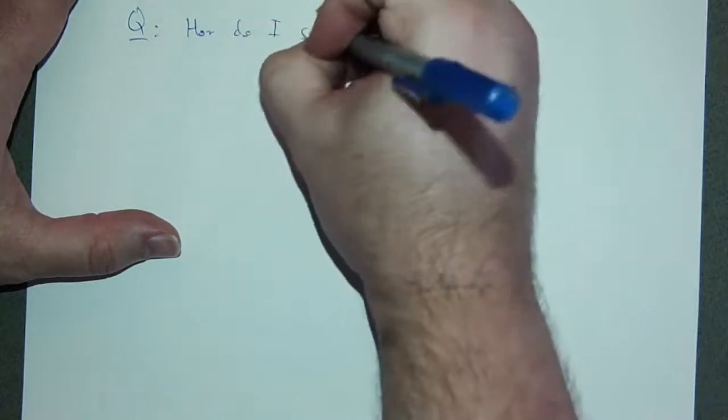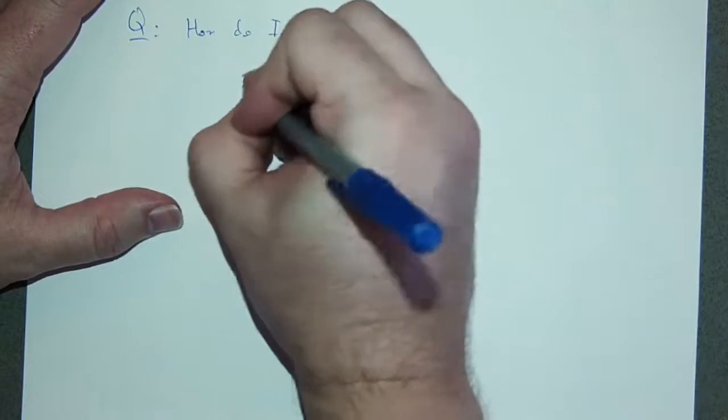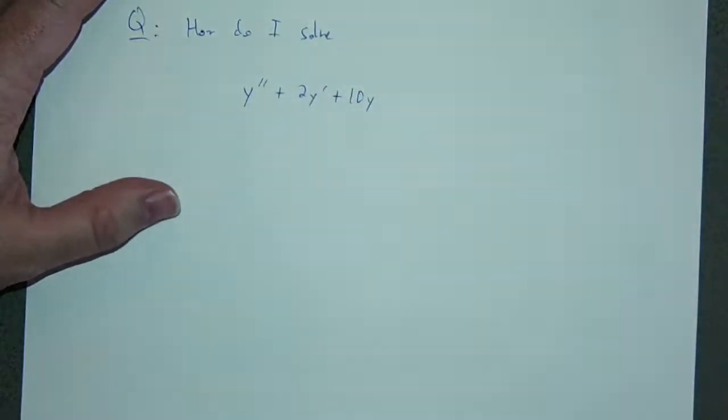Here's a question though. How do I solve the following? Let's do y double prime plus 2y prime plus 10y, our favorite left-hand side.